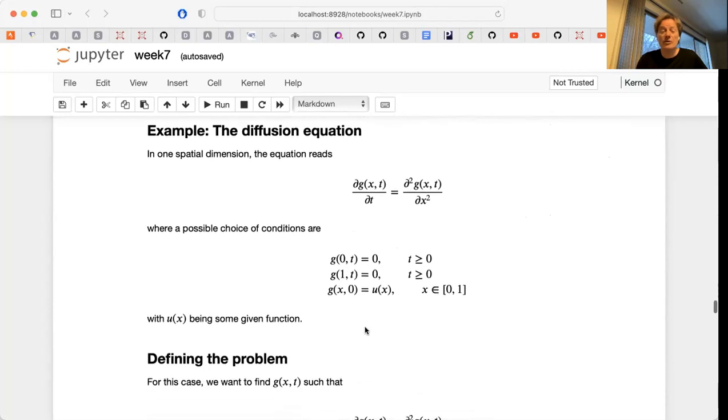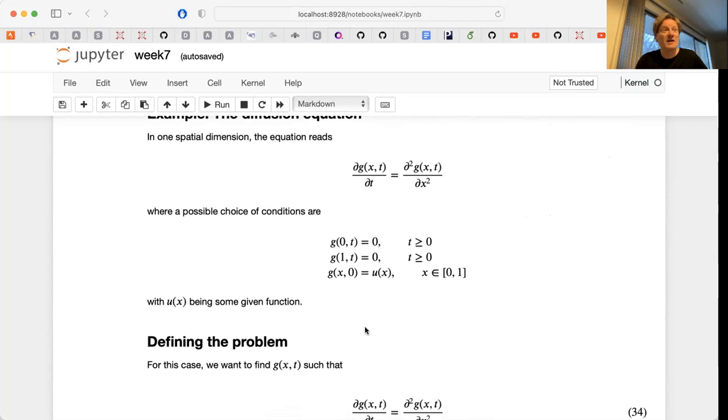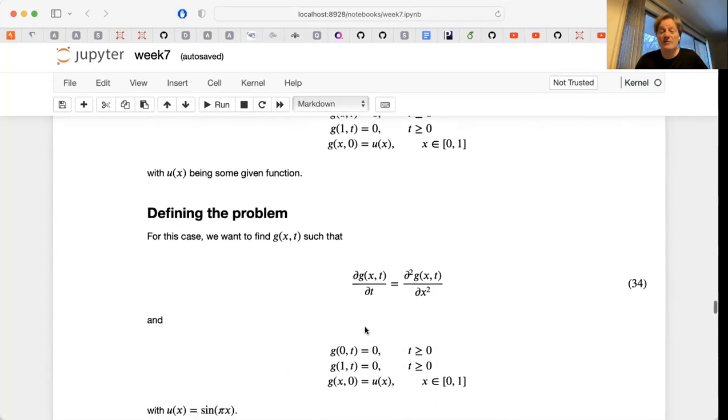So in the beginning here, you will see the typical problem, and this is basically what project number 2 deals with. And you define the problem.